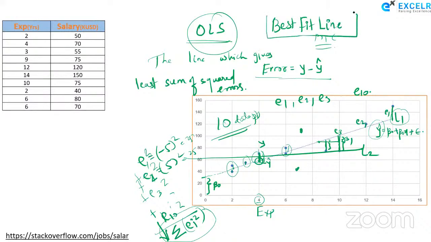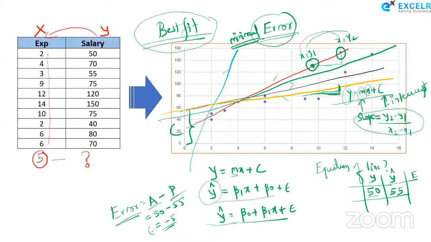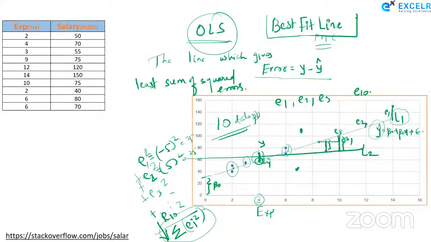Is this point clear to all of you? How do we finalize our best fit line out of the infinite lines that we can draw to represent the points?